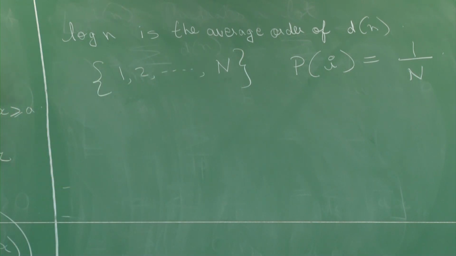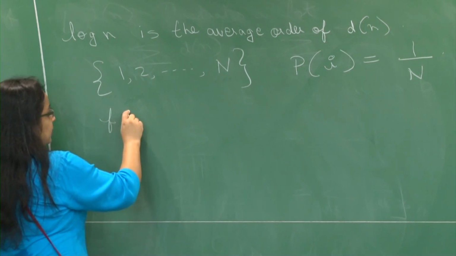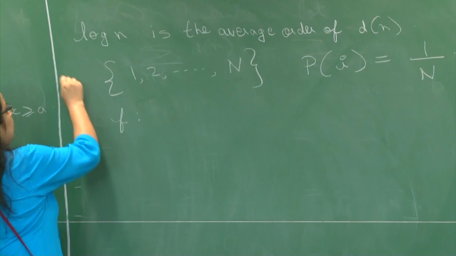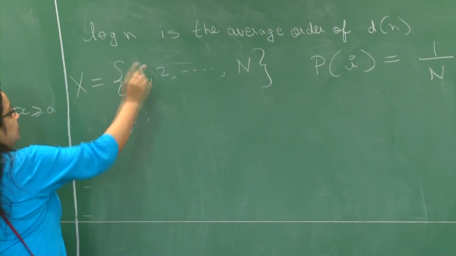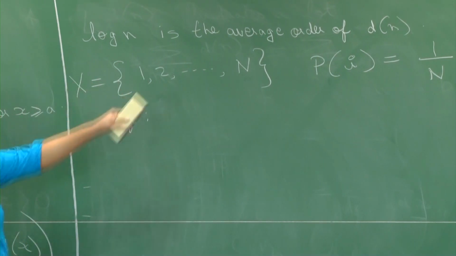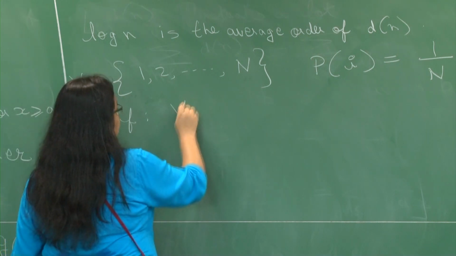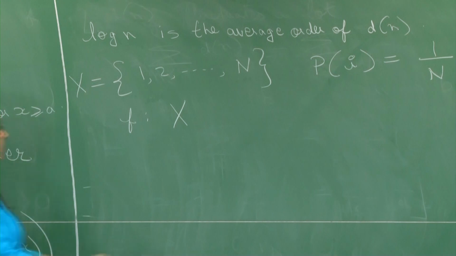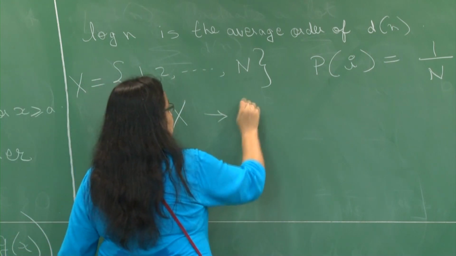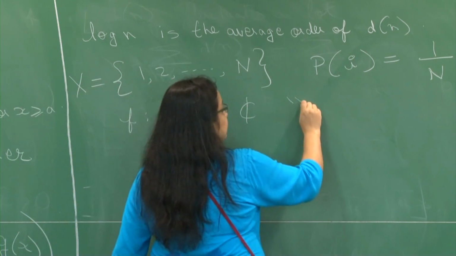Let us call this set x. Let this be a probability space with the appropriate probability measure, and let f from x to C be a random variable.